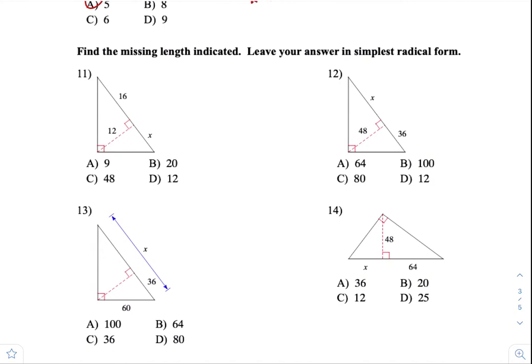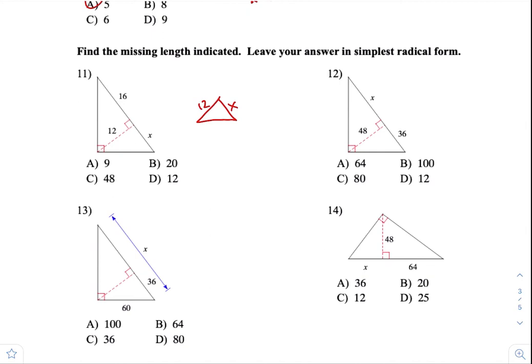Alright, so now we have similar right triangles. For this, you should make your triangles separately. For this one, we have a smaller triangle, which is right there. That's x and that's 12.